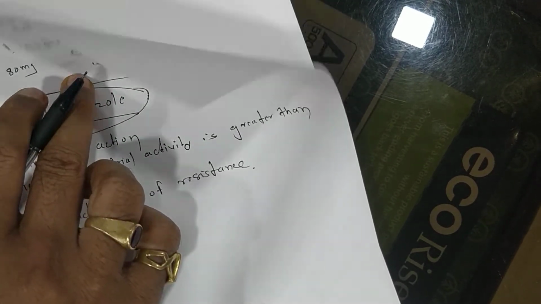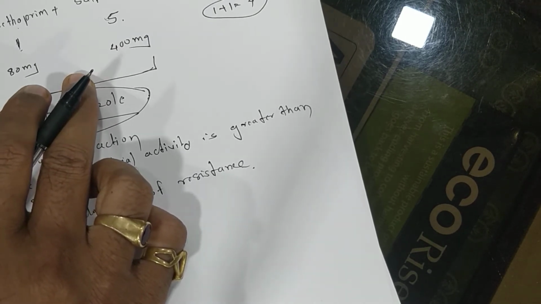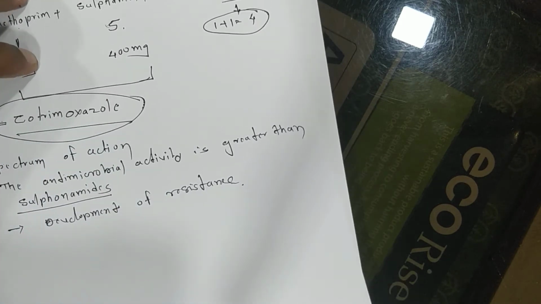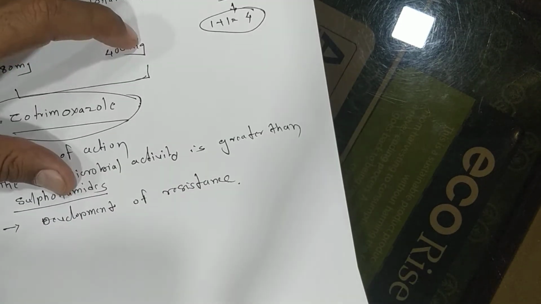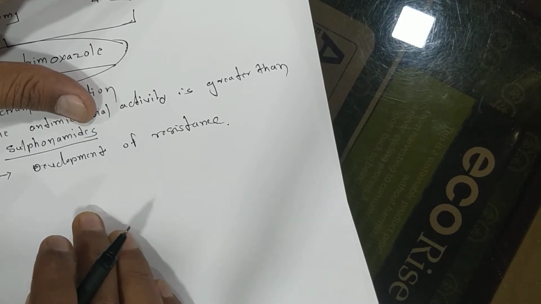Write down the mechanism of action, which is most important. Earlier, you know, for the sulfonamides, folic acid is formed from para-aminobenzoic acid, converted to dihydrofolic acid, then tetrahydrofolate, and the folic acid.